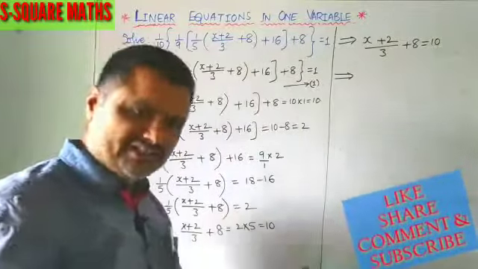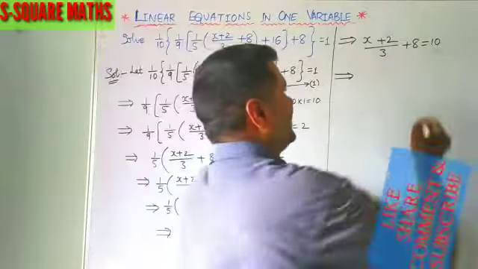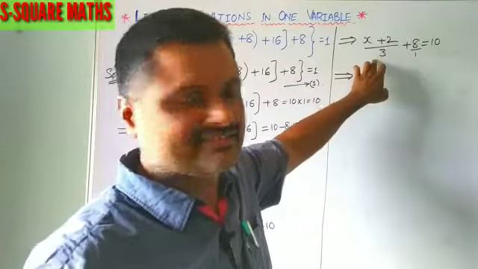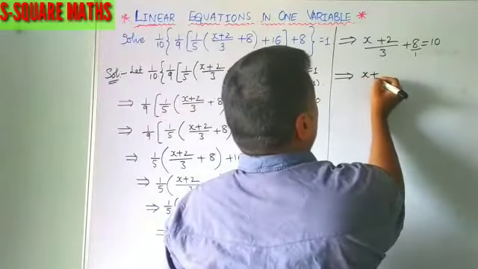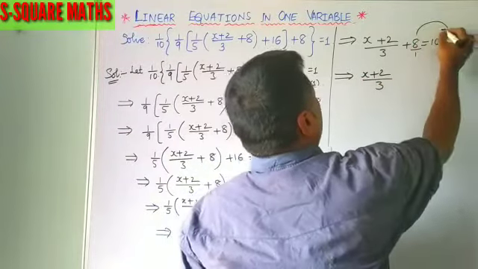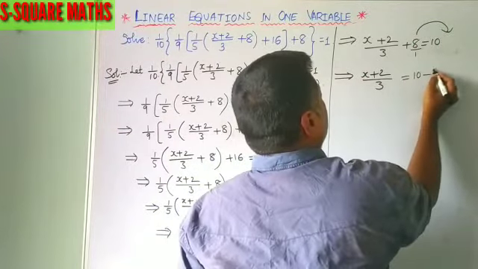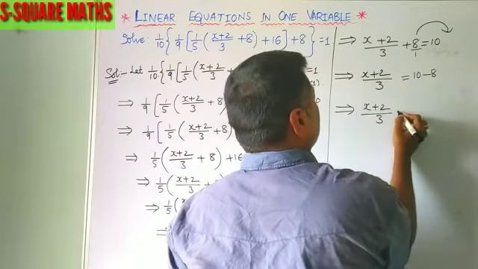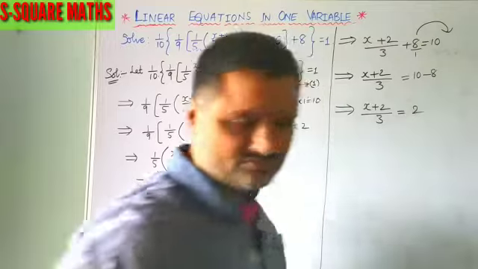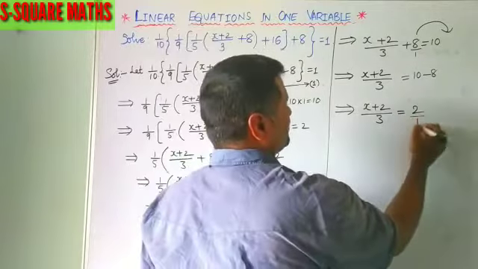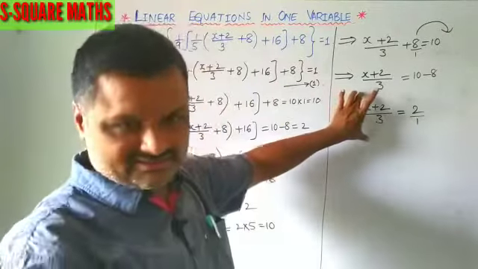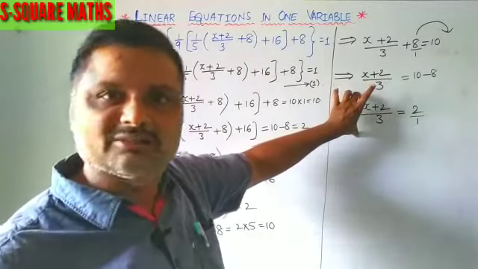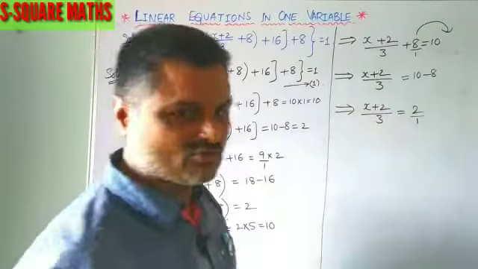Many of the students here will again consider taking the LCM, which is a long process. So x plus 2 by 3, just shift 8 to this side. So 10 minus 8, so x plus 2 by 3 is equal to 2. Now cross multiplication. This is the easiest and basic form of the problem of linear equation in one variable that you know very well.